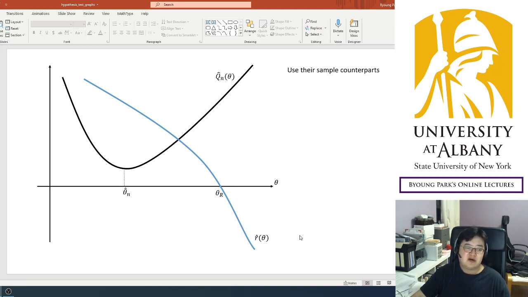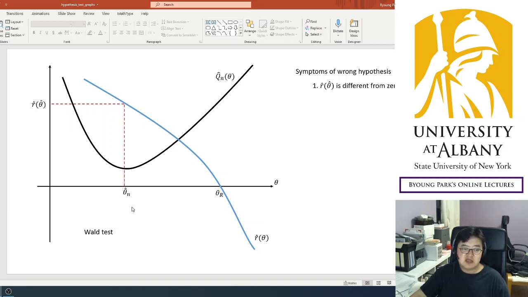Estimation is usually straightforward. Then let's think about what happens with this hypothesis. The first approach is the Wald test. The Wald test calculates the unrestricted estimator first. The unrestricted estimator is obtained by minimizing the criterion function.